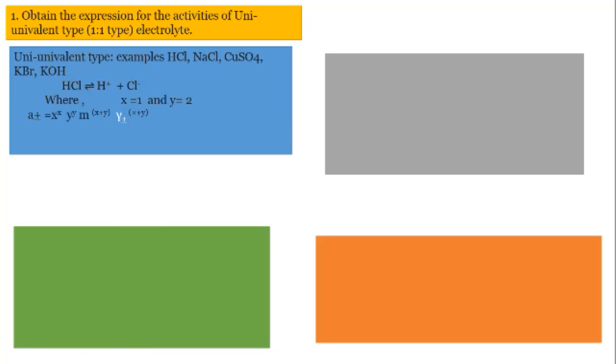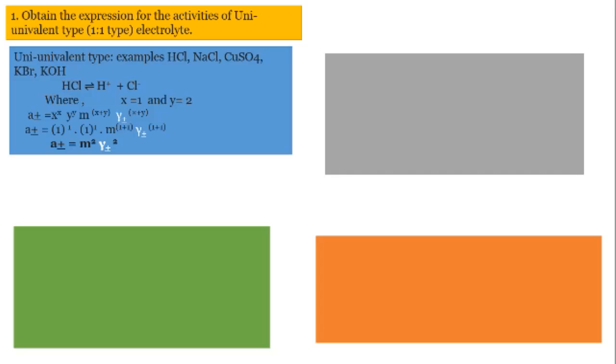Then we will get the activity, given by a plus or minus. For the whole electrolyte we write it as the mean ionic activity: a plus or minus is equal to x raised to x, y raised to y, m raised to x plus y, and gamma plus or minus raised to x plus y. We will substitute for x and y. Then a plus or minus is equal to m square gamma plus or minus square. 1 raised to 1, 1 raised to 1 will be 1.